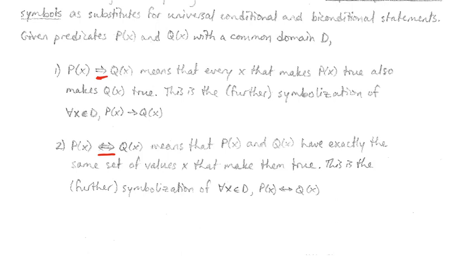Now, when it comes to the thinner arrow versus the thicker one, for the most part, you'll see me use these, if you go on to take higher level courses with me, I'll use these pretty much interchangeably. I think most people probably would use this pretty much interchangeably, whether we use the thin arrow or the thick arrow when we're writing a conditional or a biconditional.